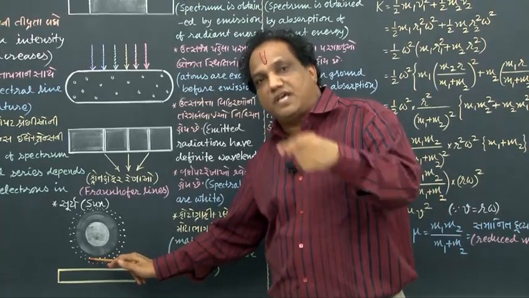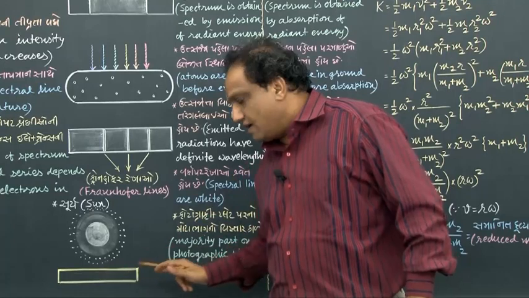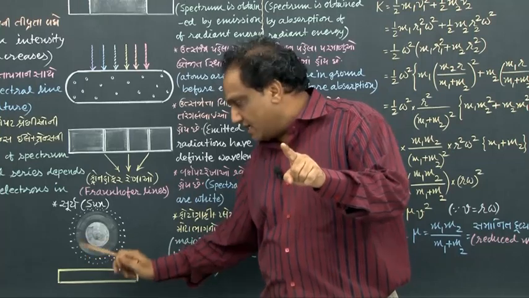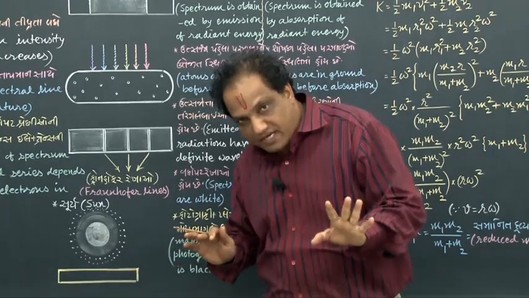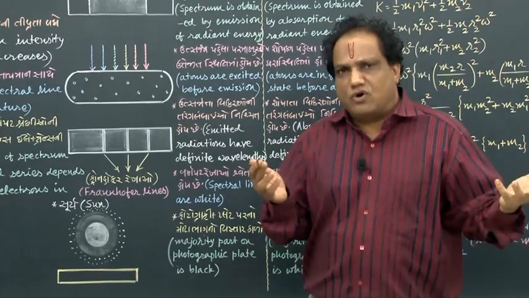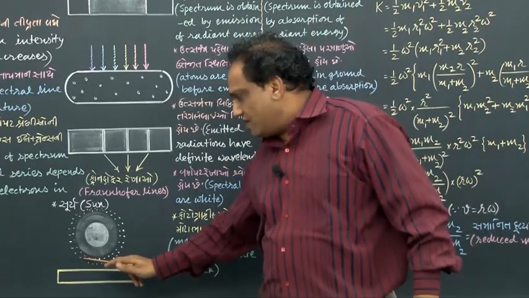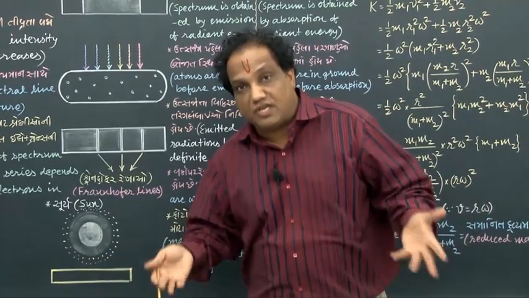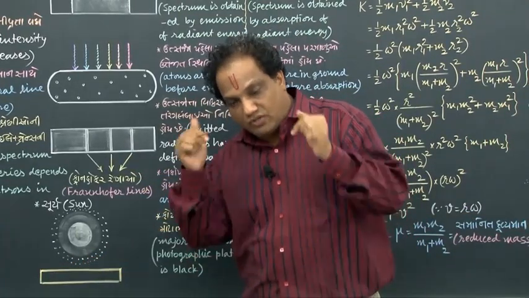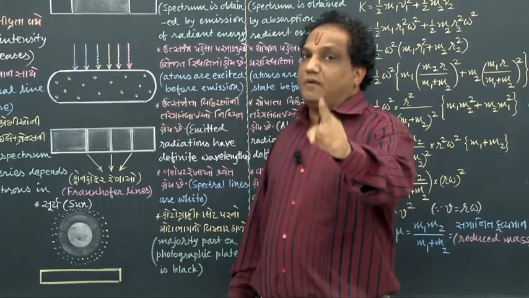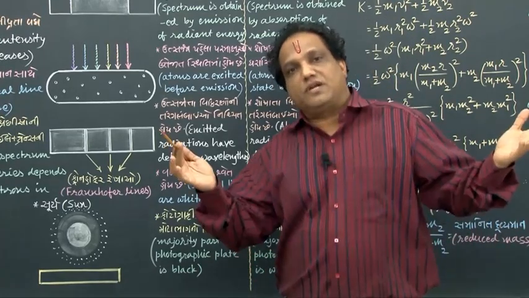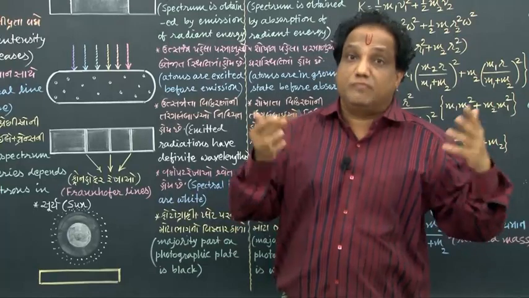The absorbed radiations are missing on the photographic plate, and that's why corresponding to those absorbed radiations, at corresponding positions on the photographic plate, you will have Fraunhofer lines, that is black colored lines, because those radiations are already absorbed here, they are not in a position to reach the earth. Okay, so the spectrum we get of solar radiation on earth is not an emission spectrum, it is an absorption spectrum. It is an absorption spectrum because it contains Fraunhofer lines, it contains black lines.